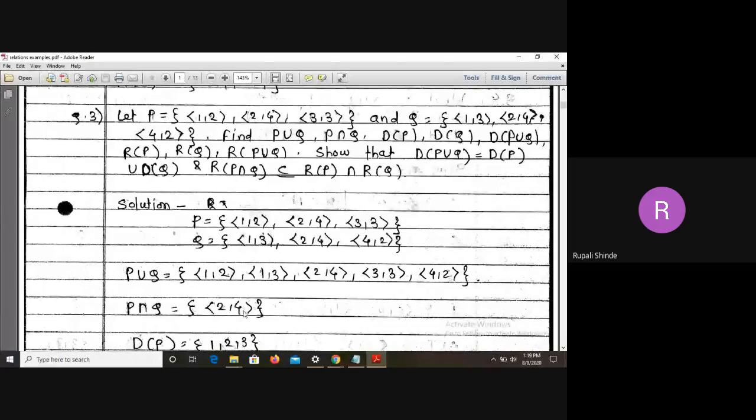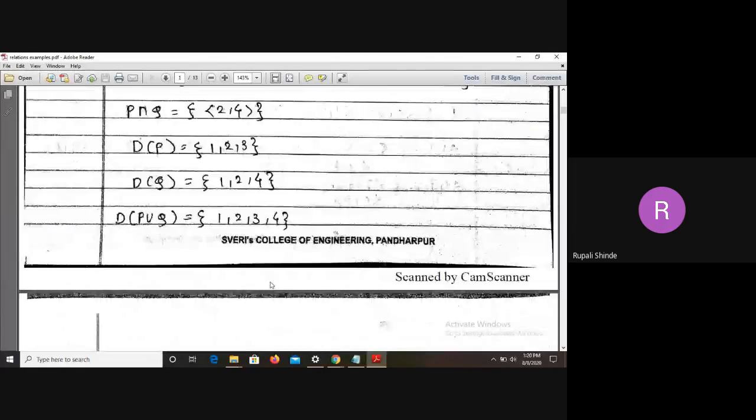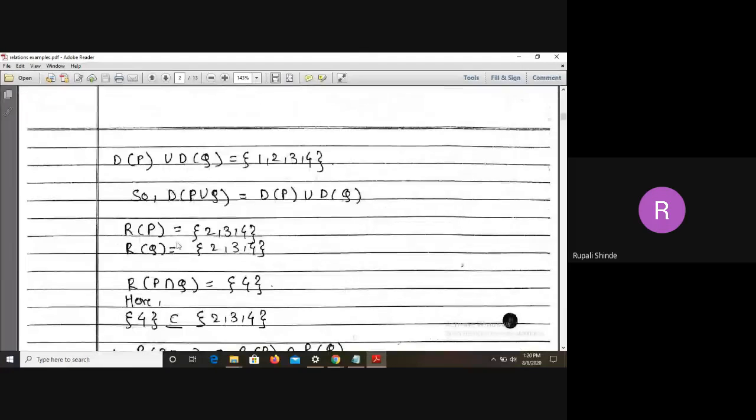4. Now, we have to show it is a subset of range of P intersection range of Q. Now, what is the answer for range of P? We have already found the value for range of P, and that is 2, 3, 4. Again, intersection range of Q. Range of Q is again 2, 3, 4.